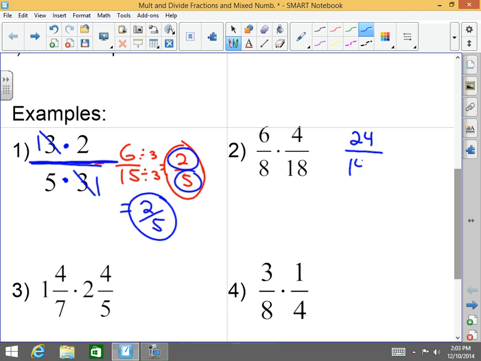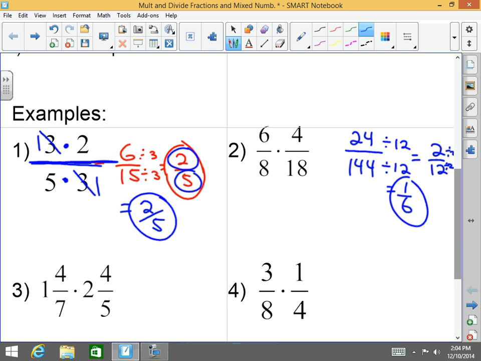So that's 144. Divide the top by the greatest common factor of 12. Actually, that's not the greatest common factor. That's 24 over 144. Divide that by 2 over 2. Keep reducing and you get 1/6. That's legitimate. That works. It's all good.